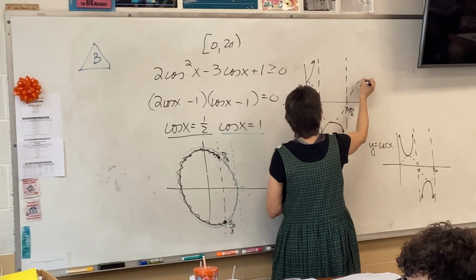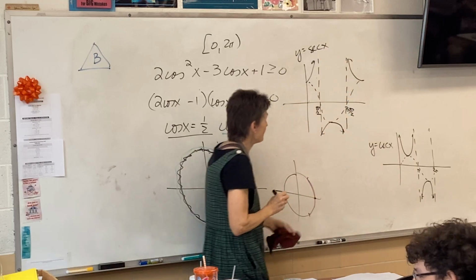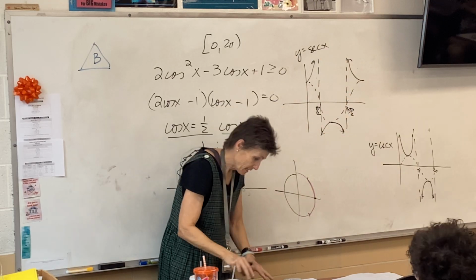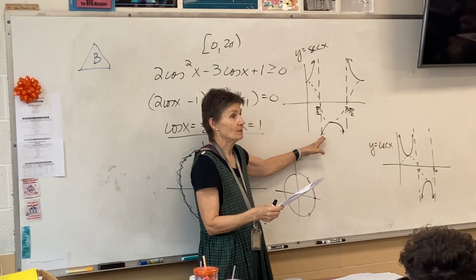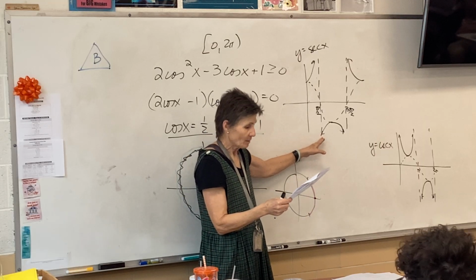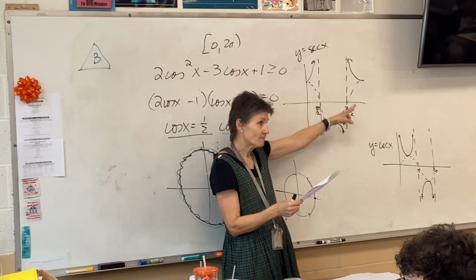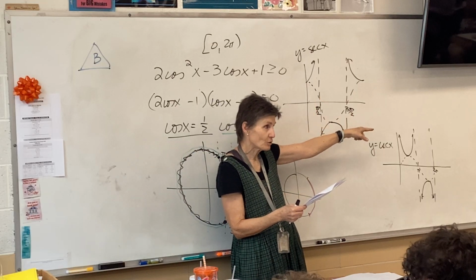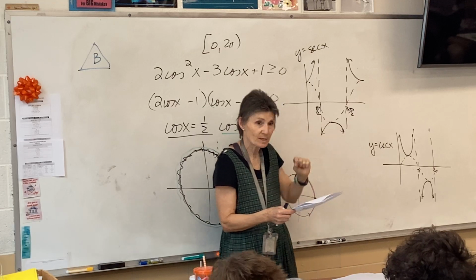Now, does that have an asymptote at pi? No. So it's not A. What does B say? If you took this picture and shifted it to the right pi over 2, would there be an asymptote at pi? Yeah. So the answer is B.